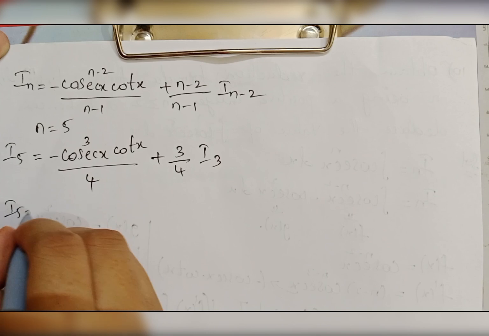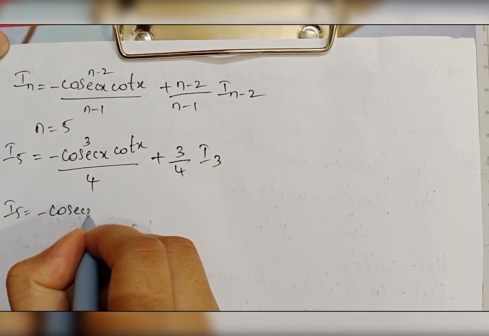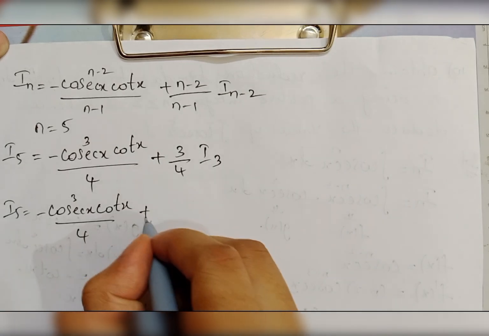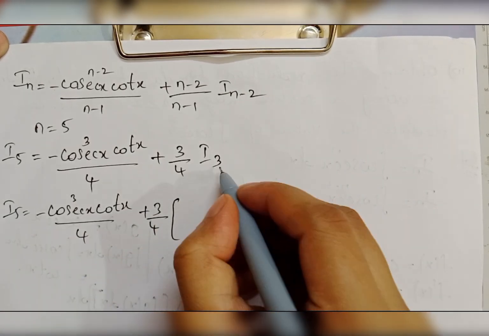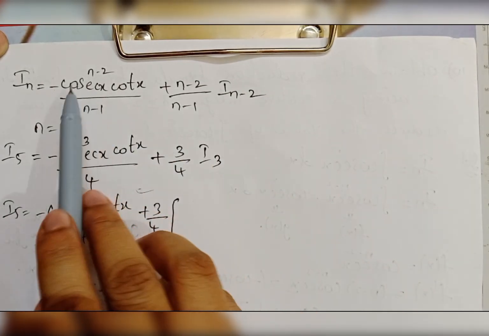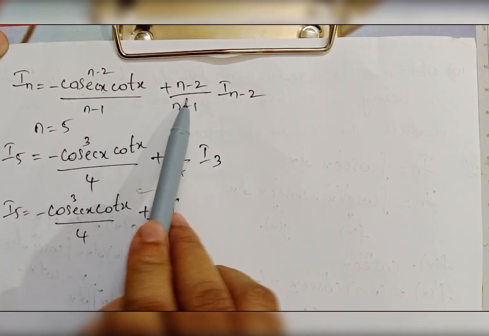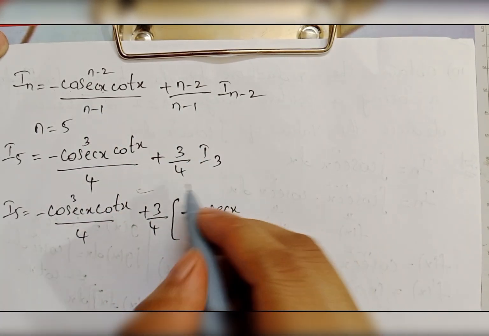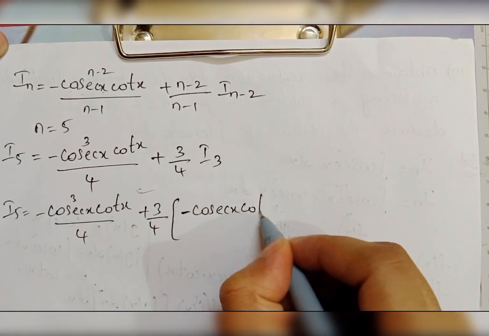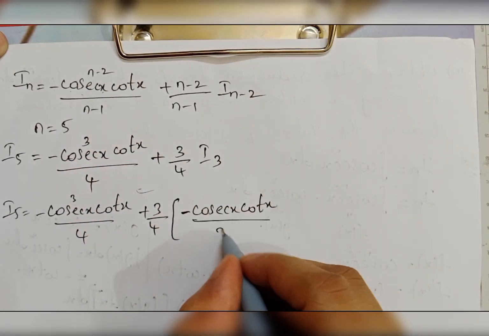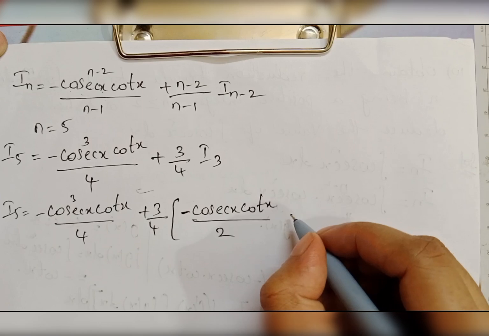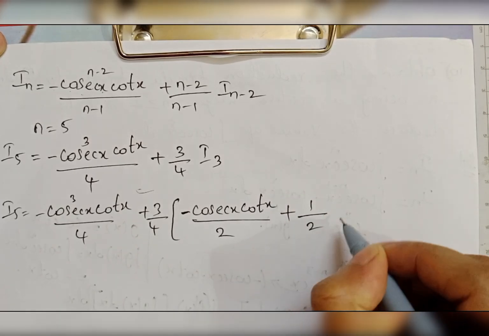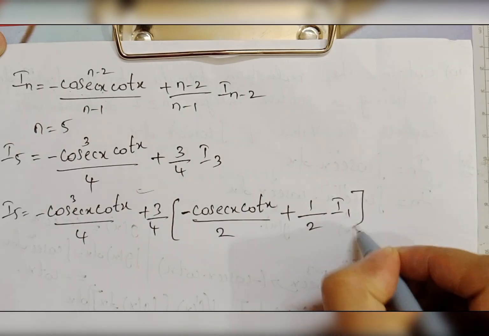Now I5 is equal to minus cosecant x cube into cot x by 4 plus 3 by 4 into I3. Putting the value of n as 3 in this equation, okay? So it is minus cosecant x power 3 minus 2 is 1, so it is only cosecant x into cot x by 3 minus 1 which is 2. And here it will be plus 3 minus 2 is 1, by 2, and it will be I1, right?